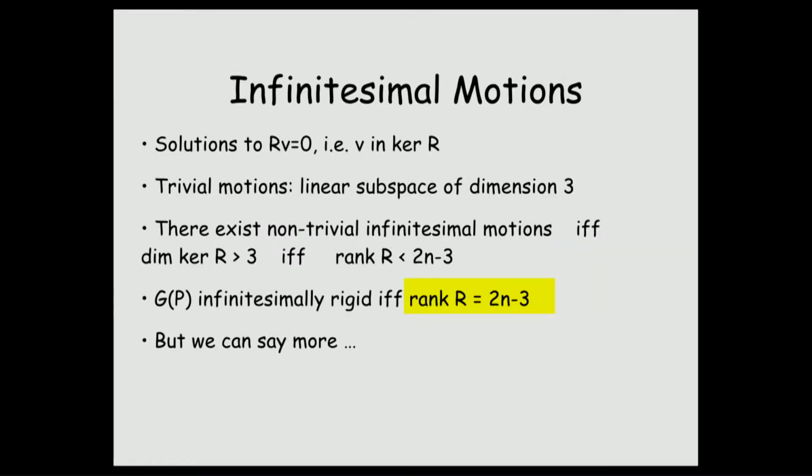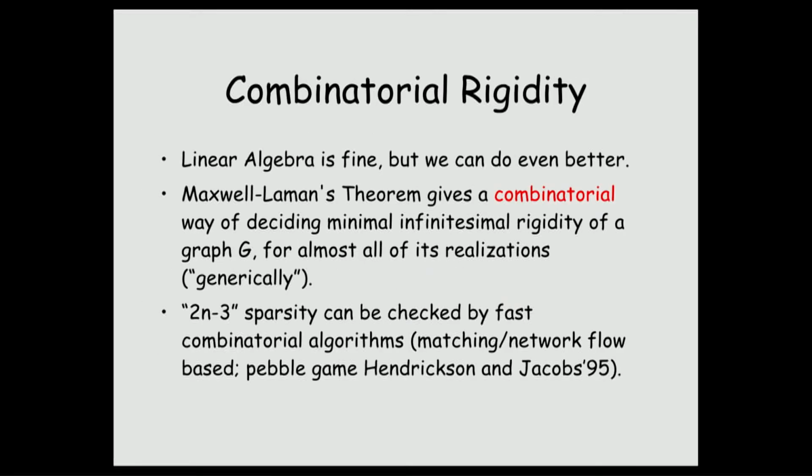So the infinitesimal motions, in other words, are solutions to this homogeneous system. The velocity is in the kernel of the rigidity matrix, and something is infinitesimally rigid in 2D if the rank is 2n minus 3, but we can say more.